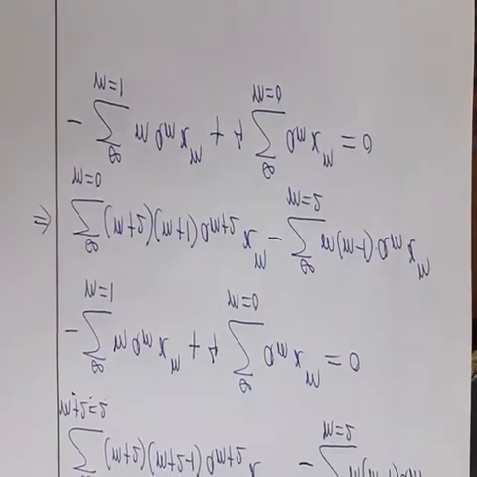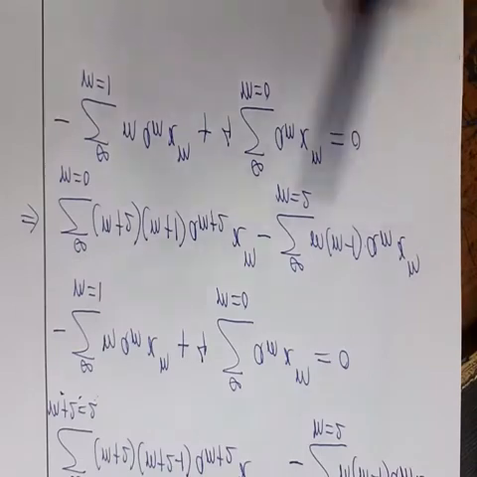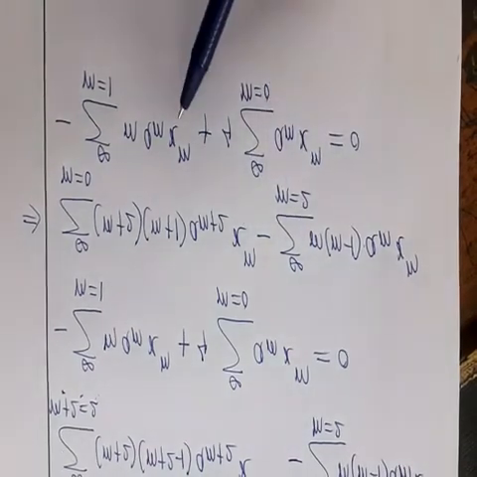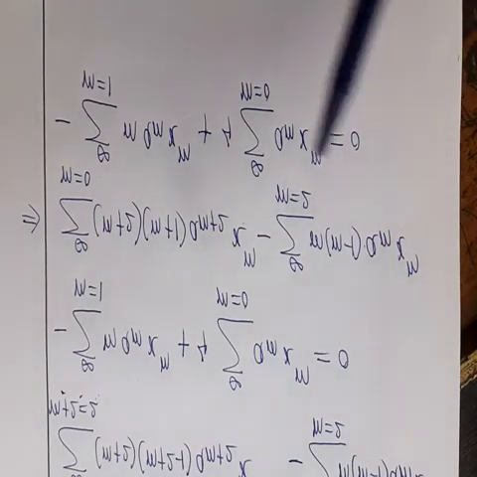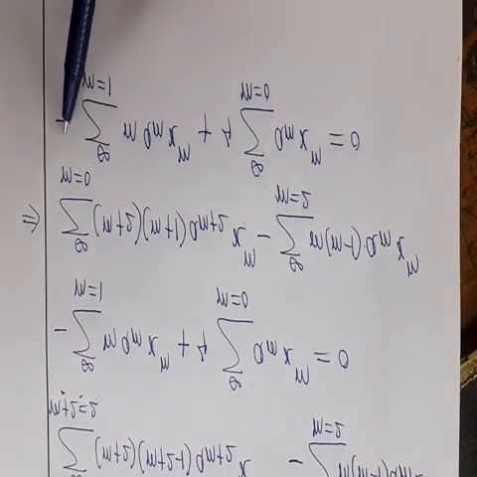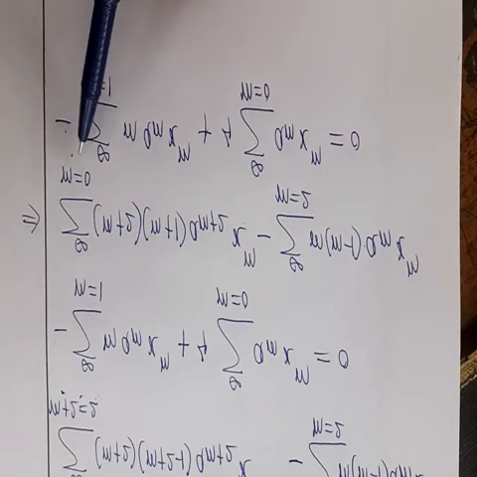Now we convert all the powers of x to x to the power m only, so all the powers are the same. Now we focus on the summations. The summation limits must be the same, then only we can combine all the terms.